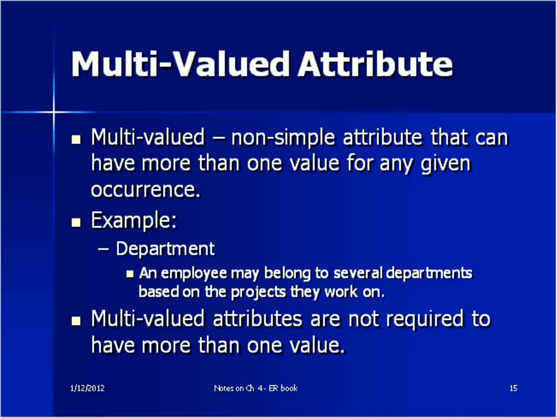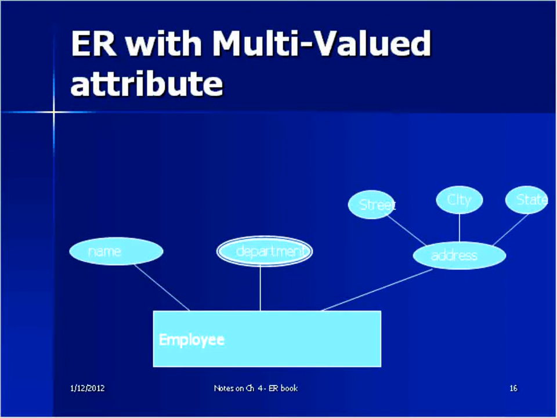A multi-valued attribute is an attribute where you can have more than one value for that same attribute. For example, if I want to list all the schools that the student went to previously, that could be multi-valued because the student may have gone to more than one school previously. So that would be a multi-valued attribute. How do we show multi-valued attributes? Well, if you look at slide 16, which is the next slide, you have the department.